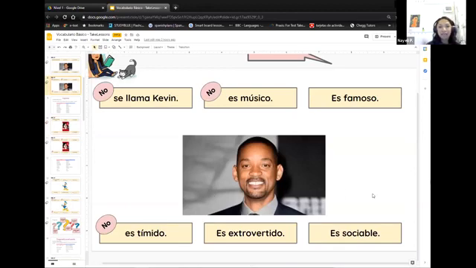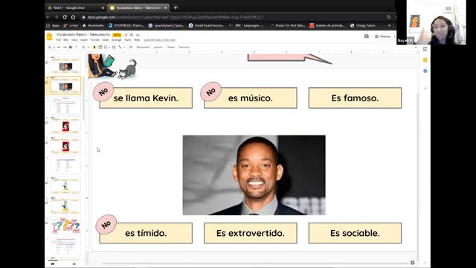¿Qué hay de Will Smith? ¿Te gusta Will Smith? ¿Te gusta o no te gusta? You would say me gusta or no me gusta. Muy bien, te gusta. Sí, es muy famoso. Very good.